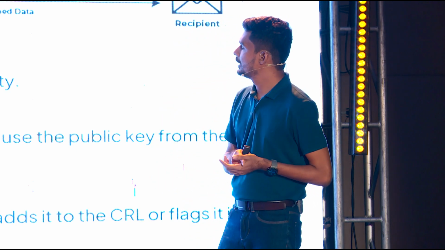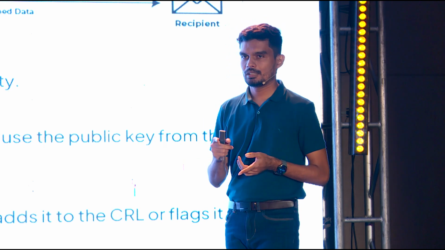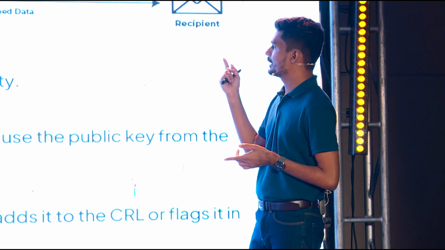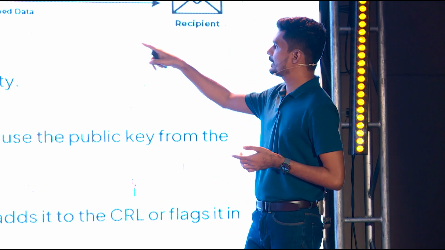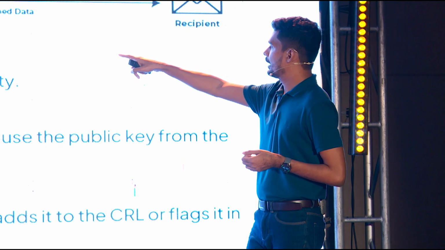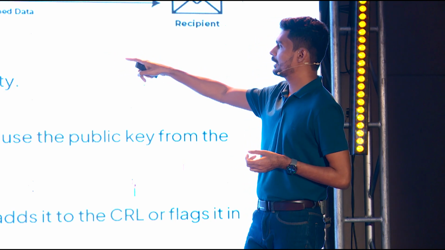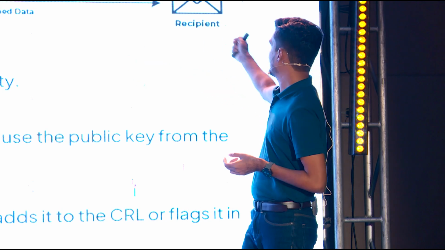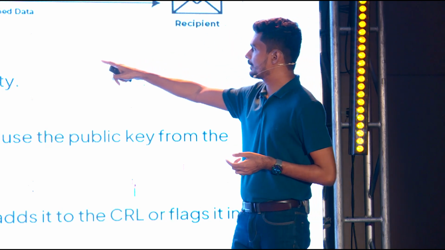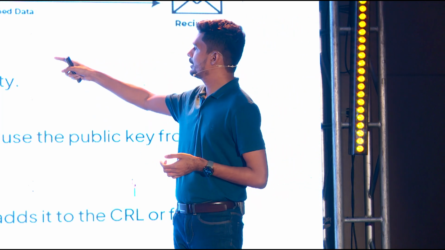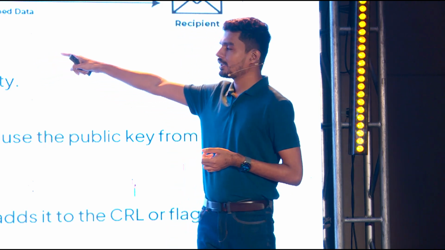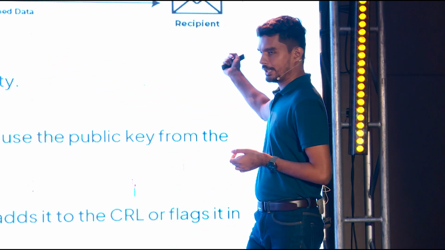If you consider the message signing flow, it happens the other way around. This entity wants to send a message that needs to be verified for its authenticity to this entity. So it will sign the message using the private key of this entity and send it to the other recipient.